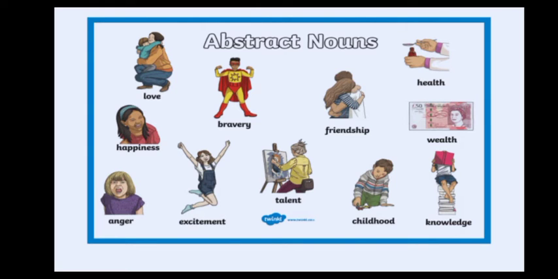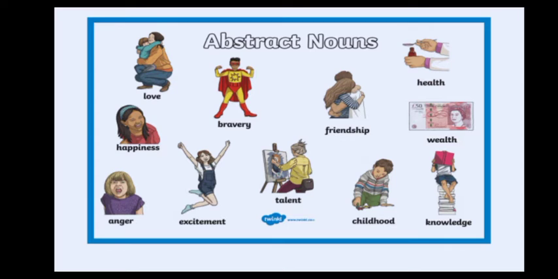Now the next part is your abstract noun. The word abstract comes when we do not show the actual thing, that means the actual thing is hidden. When we talk about abstract nouns, these are basically your emotions. They reflect the feelings that you are feeling. Suppose, as you can see in the picture, there is happiness. The girl is jumping out of excitement.